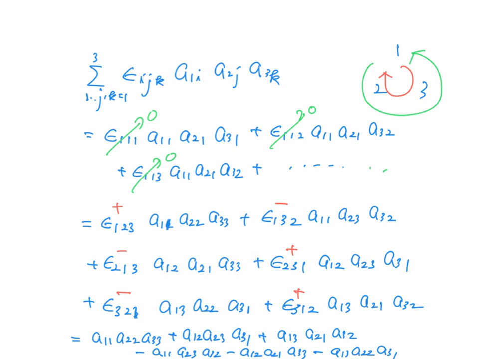But how about if you have 4, for example, 1, 2, 3, 4. How are we going to arrange? Because this doesn't work actually. So 1, 2, 3, 4.